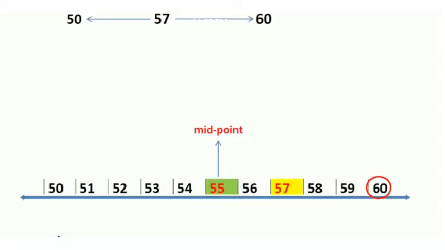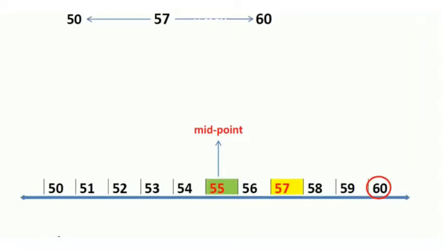Now you have to write the midpoint. 55 is the midpoint of the number line, and the given number is 57. Numbers below 55 are nearer to 50, and numbers above 55 are nearer to 60.